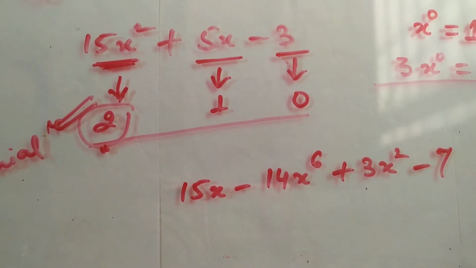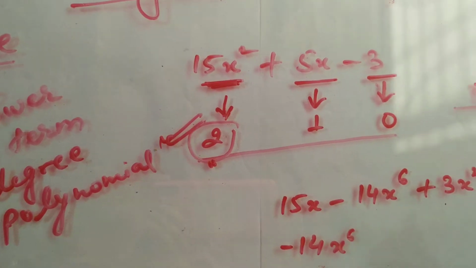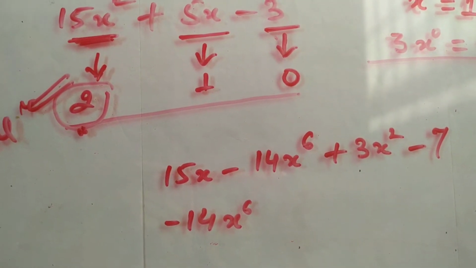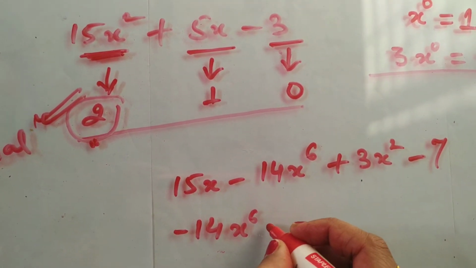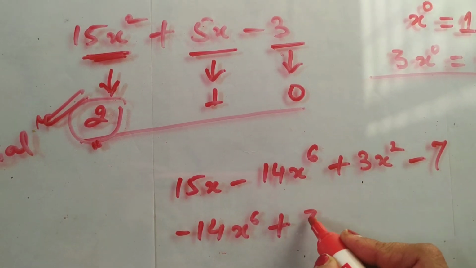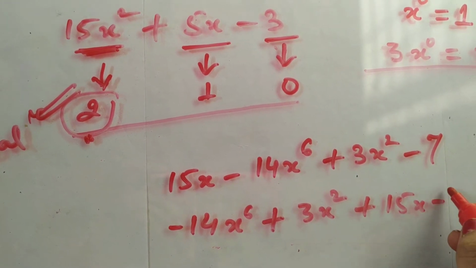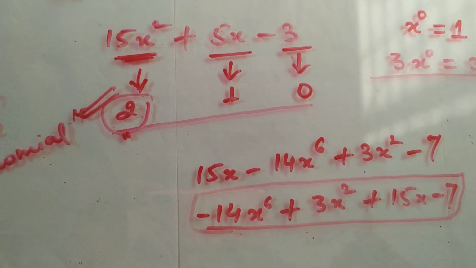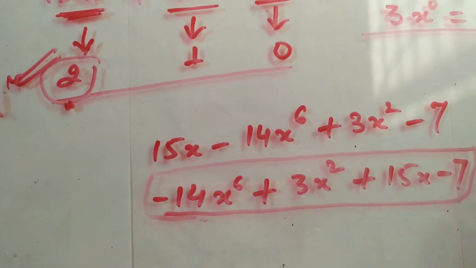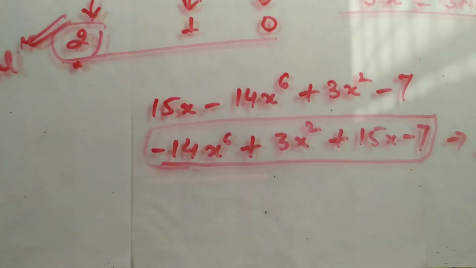That means we arrange the terms in descending order of power. So first we write minus 14x to the power 6, plus 3x squared plus 15x minus 7. Now that is the standard form of the given polynomial.